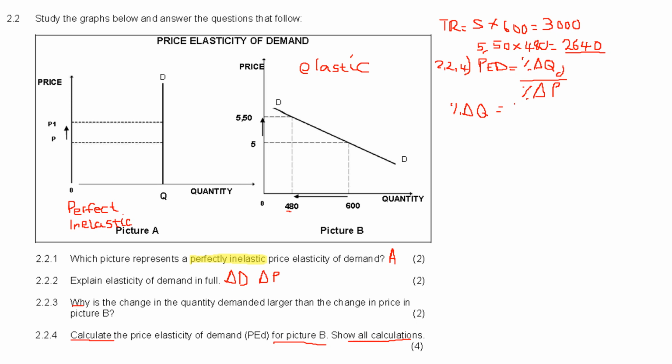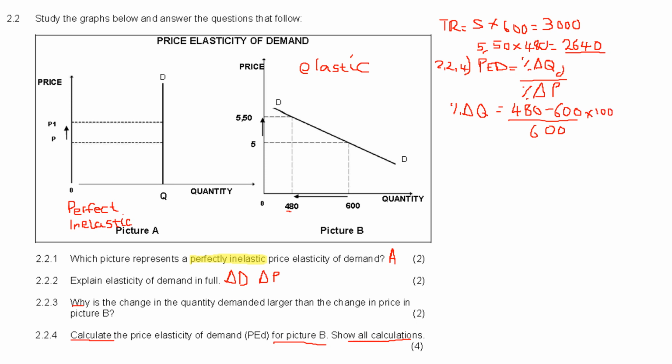So it means it's 480 minus our old quantity, which is 600, divided by our old quantity, which is 600, and then we multiply this by 100.